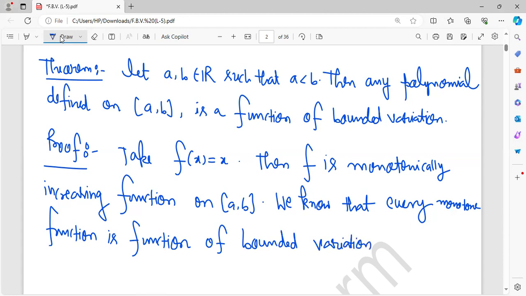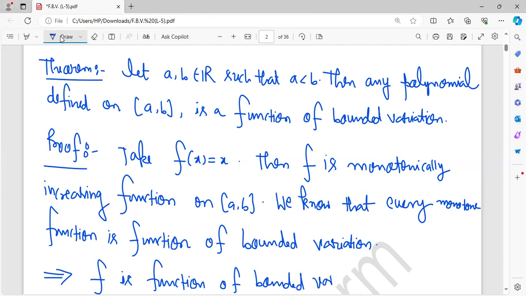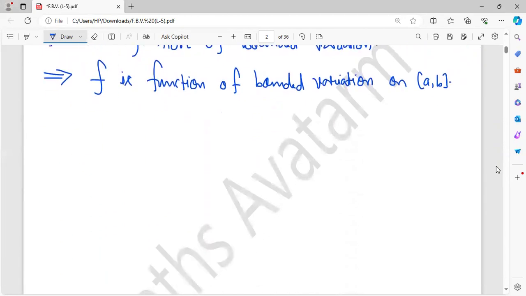So this implies f is a function of bounded variation on [a, b], because every monotone function is a function of bounded variation.